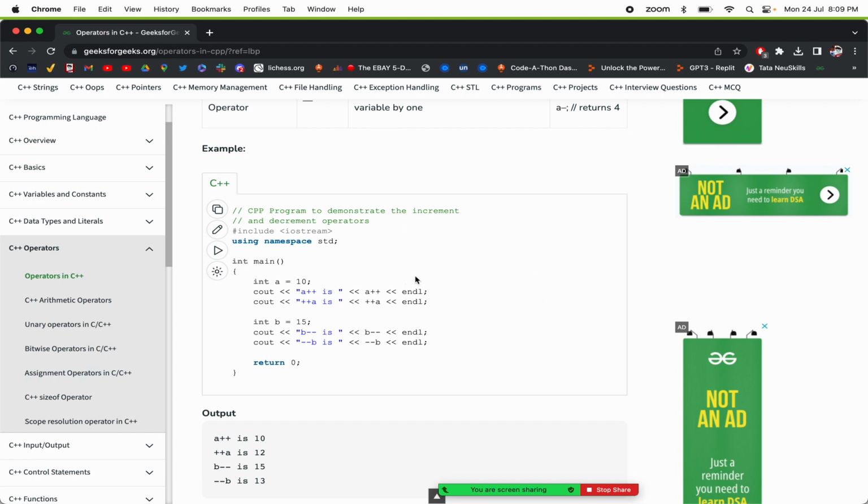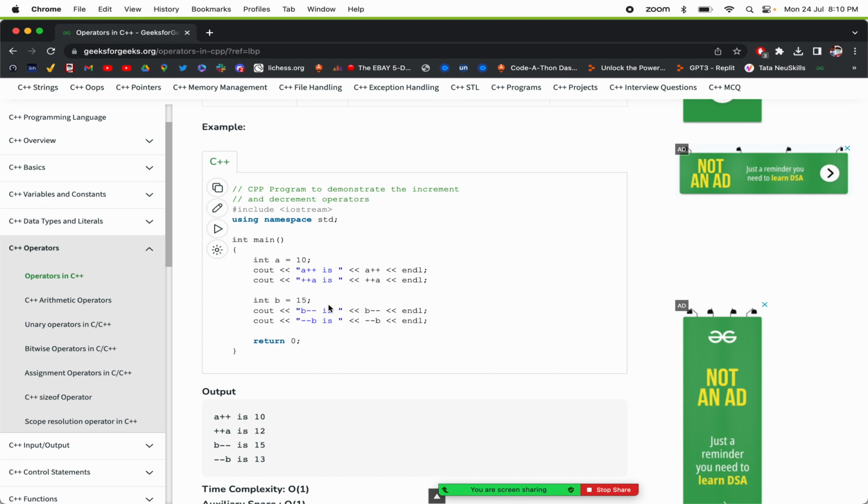So the value of a is 11, that is getting incremented and set to 12, and that is getting returned. So what we are getting is 12. As we had 11, 11 got incremented so it was 12, and 12 got returned. So over here we got 10, over here we got 12.